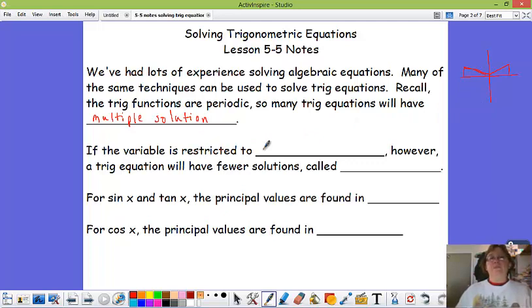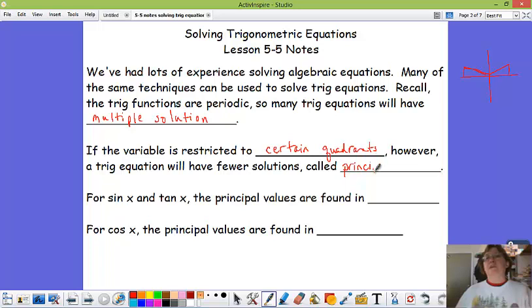If, however, we restrict the variable to certain quadrants, we can limit the number of solutions, and we'll call those limited solutions principal values.